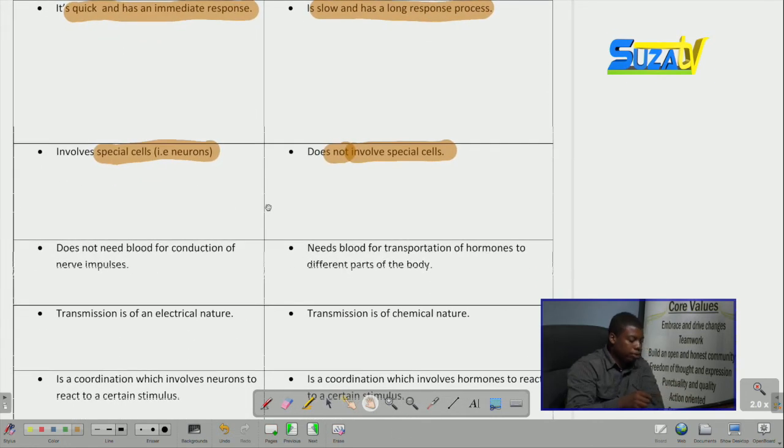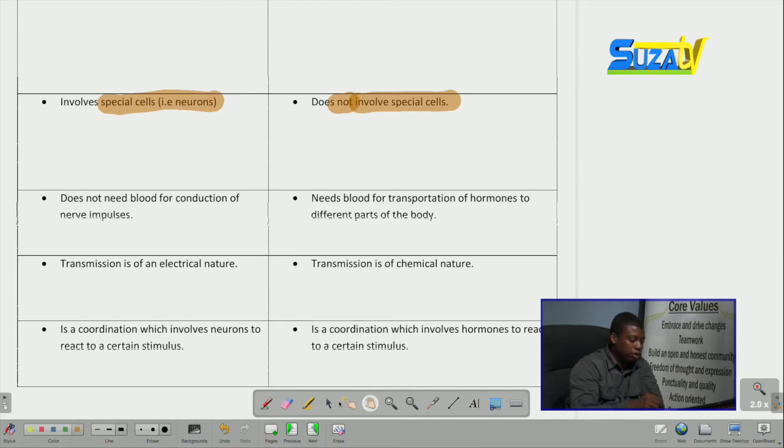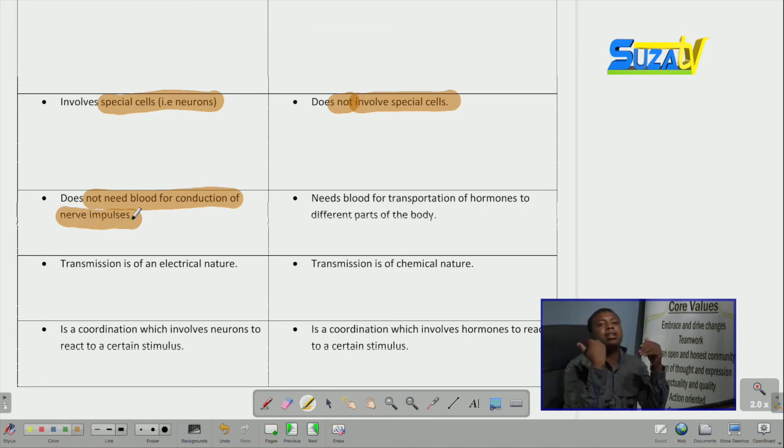The nervous coordination does not need blood for conduction of nerve impulses, as nerve impulses are conducted through neurons.